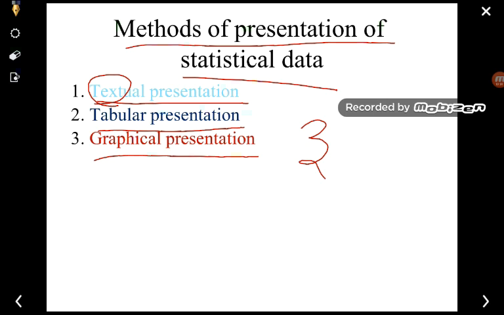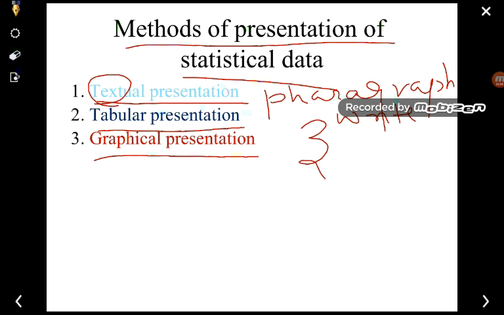These are the gathered data and are presented in paragraph form. इसे paragraph form में represent किया जाता है. We can read as well as write it. For example, a newspaper is a source where we normally get the data in the form of a textual presentation.